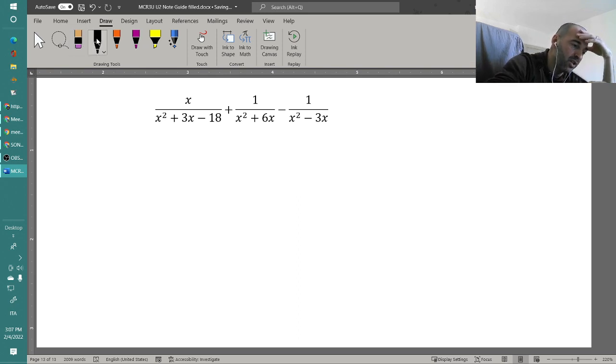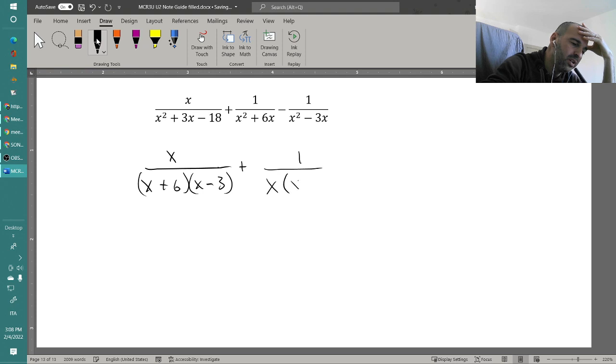So I'm going to first factor the denominators. I'm just going to rewrite this, and this is x plus 6 and x minus 3, plus a 1 over x plus 6, minus a 1 over x times x minus 3.